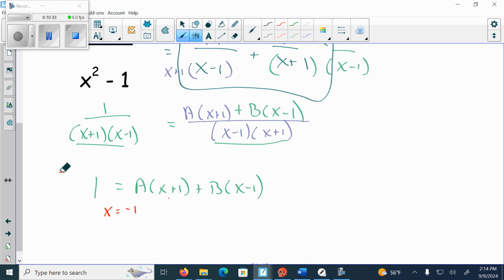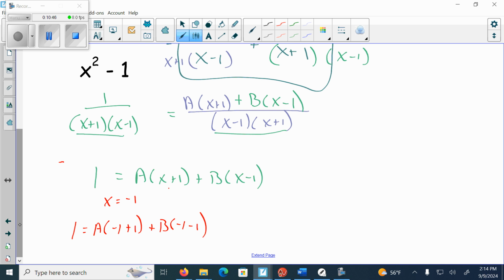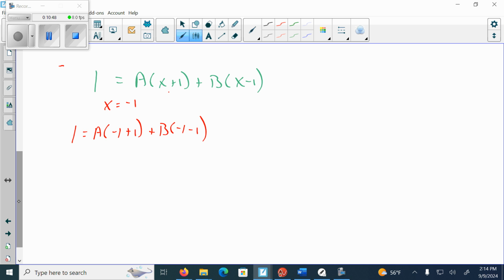So 1 is equal to A times (-1 plus 1) plus B times (-1 minus 1). The reason I did that is because this is going to be 0, which wipes out that A. Are you with me? So I'm going to have 1 is equal to -2B, which means B is equal to -1/2.